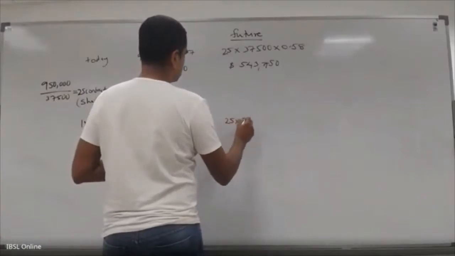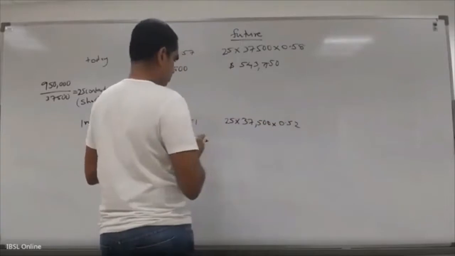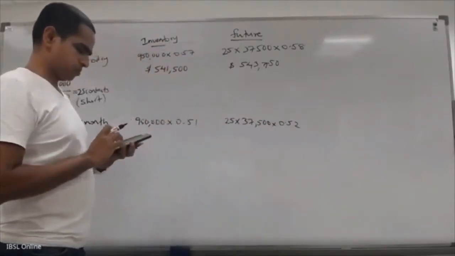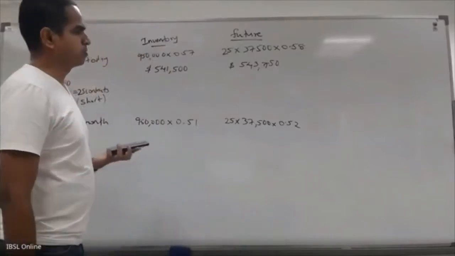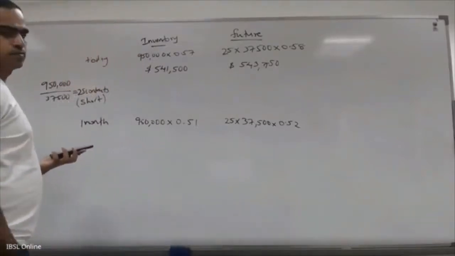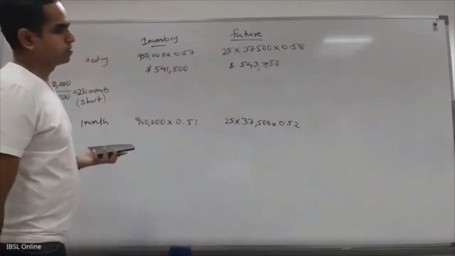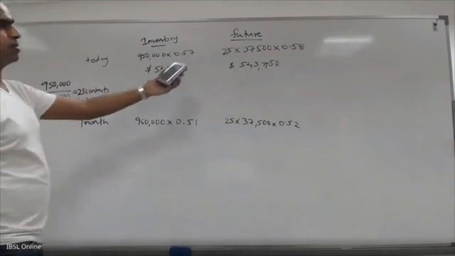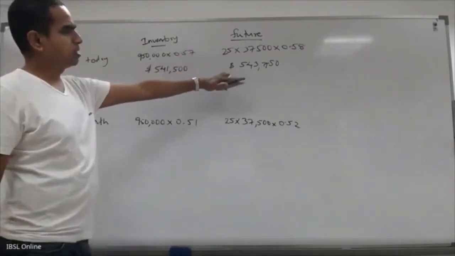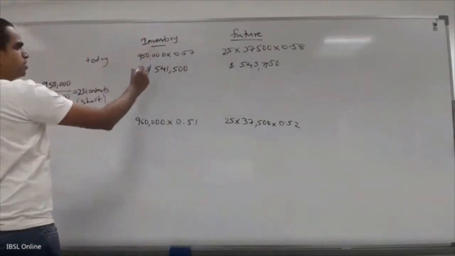It's 25 times 37,500 times 0.52. So this one, remember, they have sold. Starbucks has sold futures, so they are long dollars. Here they have bought inventory, so they are short dollars.